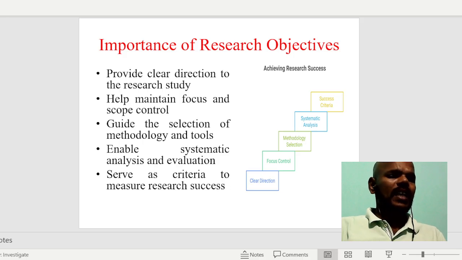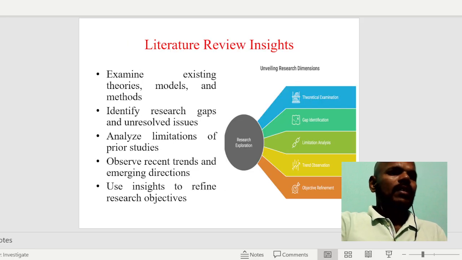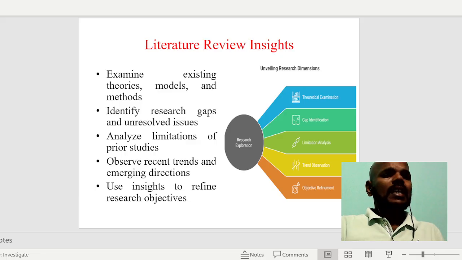So this is the importance of research objectives, and it serves as a criterion to measure research success, that is, whether it is completed or not. So next, you have got an idea.